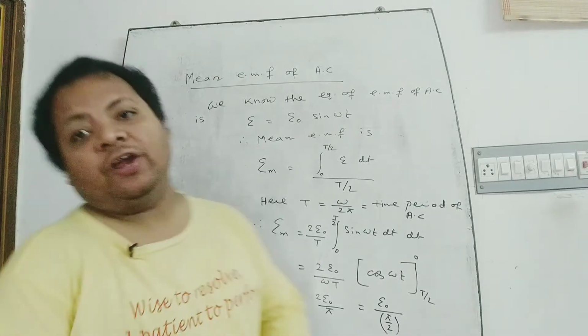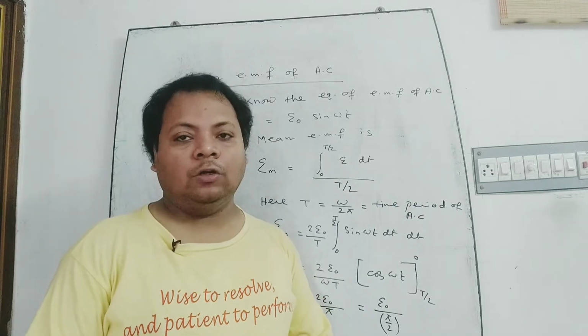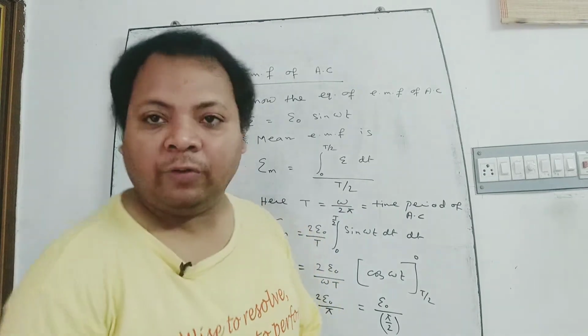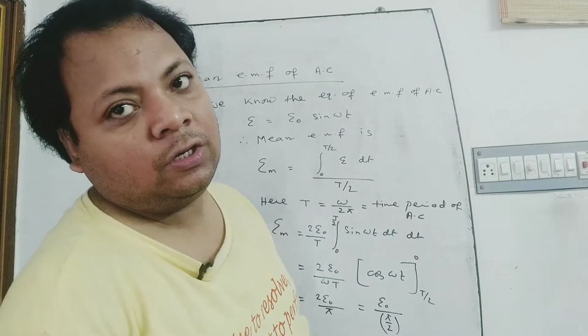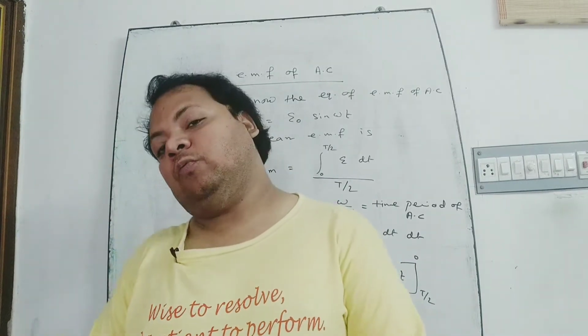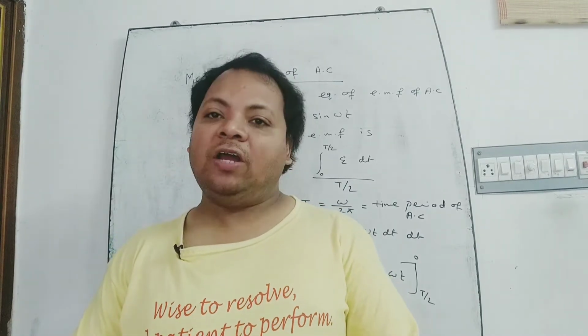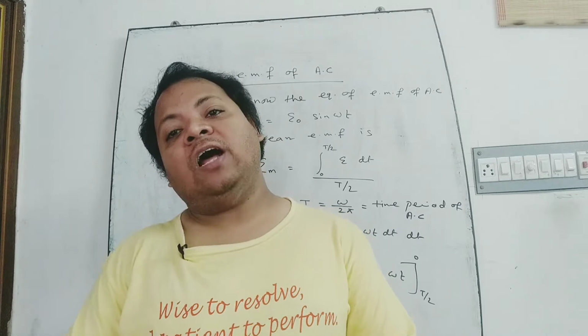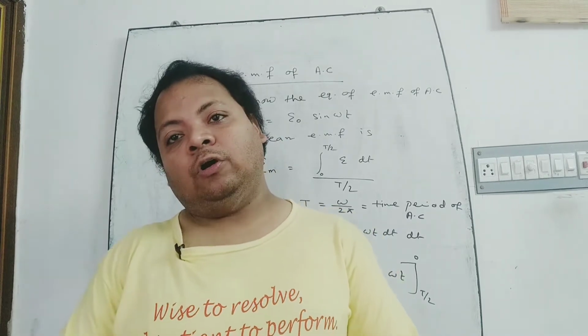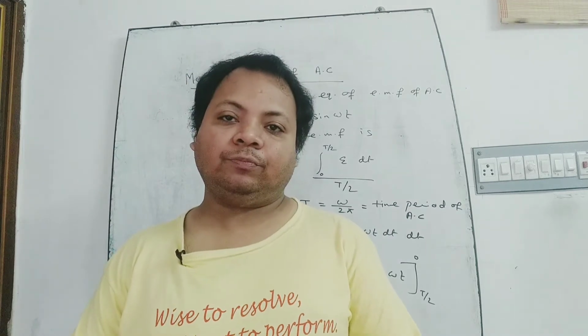Now I am going to find out the mean value of AC, the mean EMF of an AC. You know that the magnitude and direction of AC changes with time. That's why we have to find out the mean value of alternating voltage or alternating current.